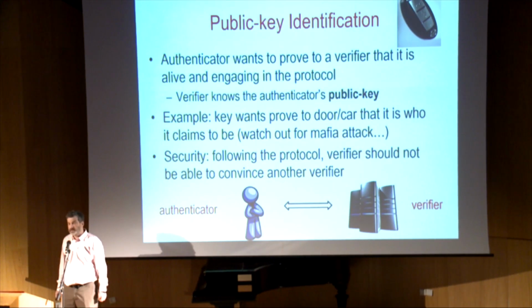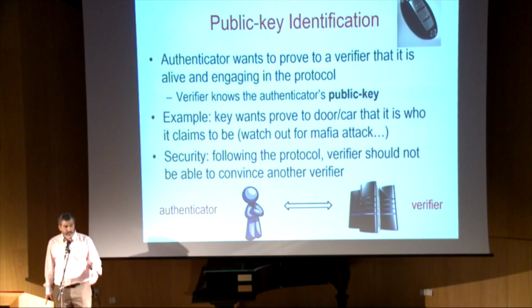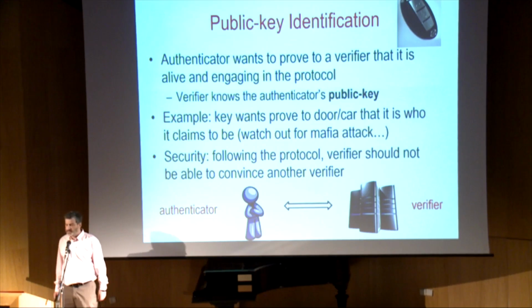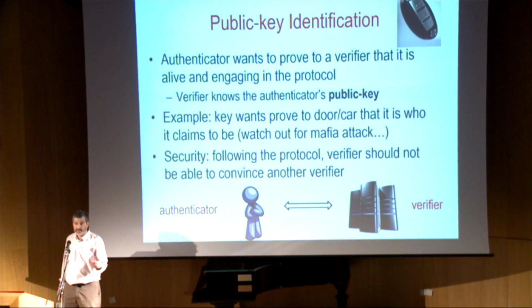Even if someone breaks into your car, you don't want them to be able to produce a key. So you want to use a public key scheme. And the security is following the protocol: the verifier should not be able to convince another verifier that it is the prover, the authenticator.